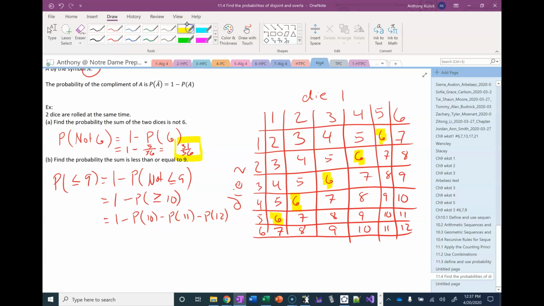They're minus the whole way because that was a minus. Okay. So the probability of getting a 10: 3 ways of doing that. 11: 2 ways, and 1 way for 12.